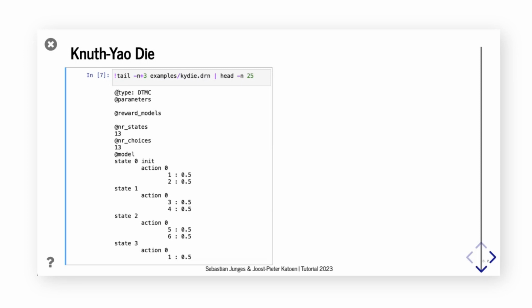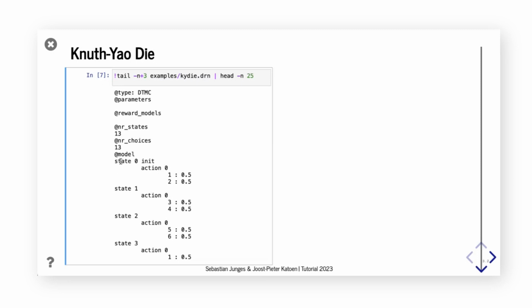There's some documentation on this. But here we are saying that this is a discrete time Markov chain. There are no parameters, there are no reward models in this system. We have 13 states, and the number of choices or the number of actions is actually the same as the number of states. It's also equal to 13. And then we provide the model.